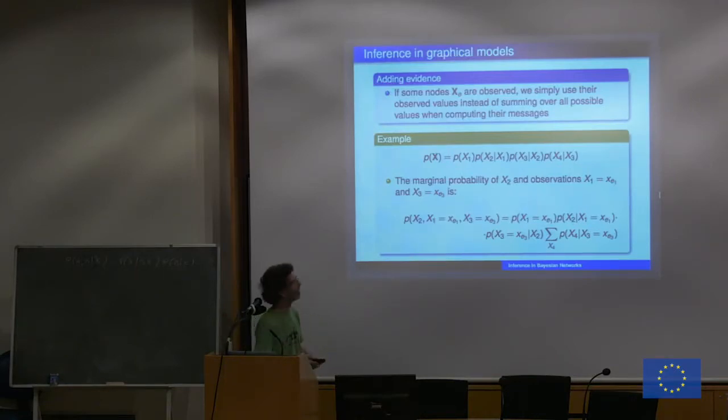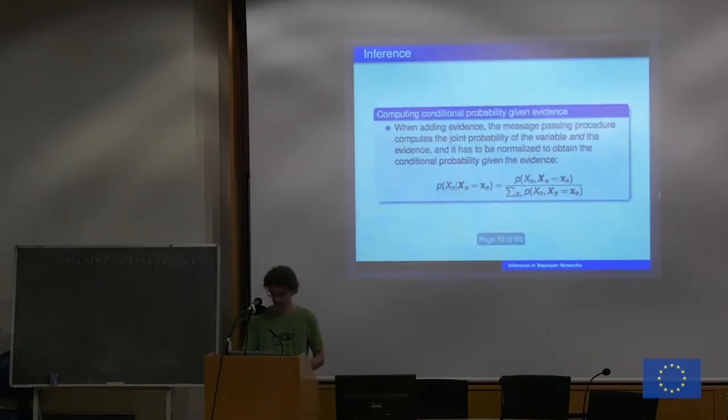The only problem is that this produces a joint probability, not a conditional probability, so you have to do the normalization, which consists of taking this joint probability and dividing by the probability of the evidence. This is obtained just by taking this and summing over the variable of interest.